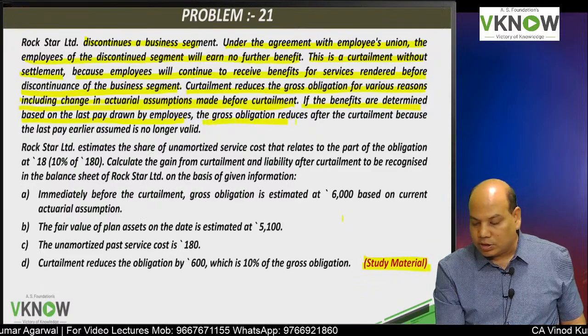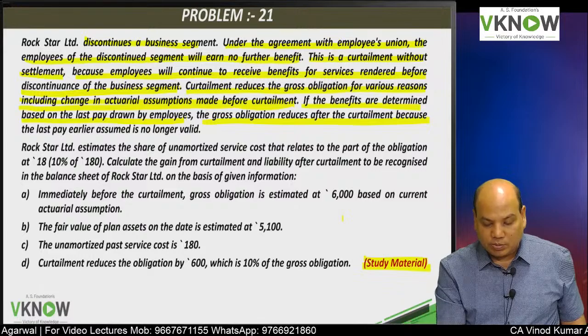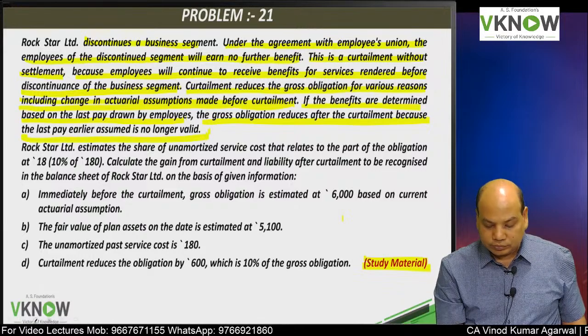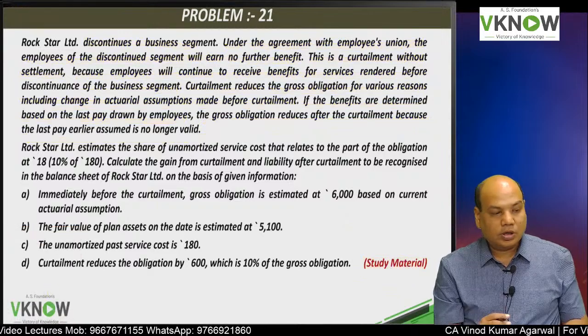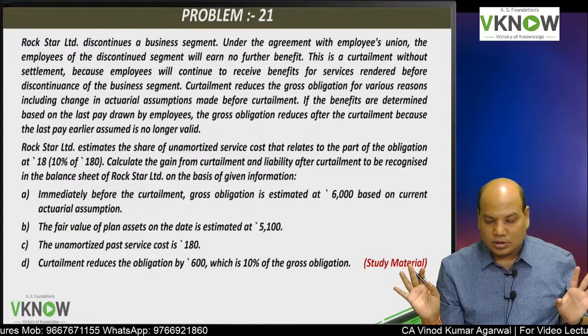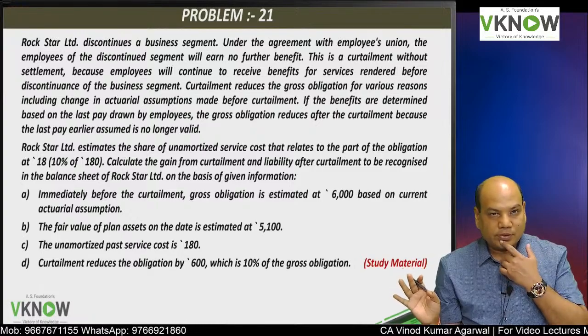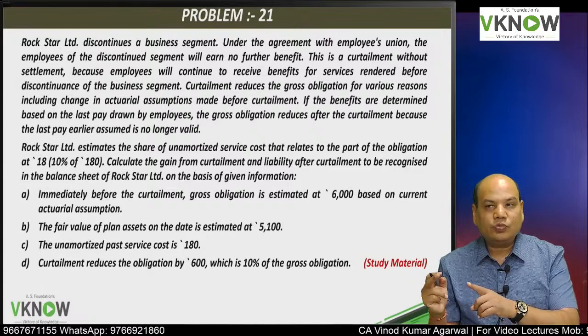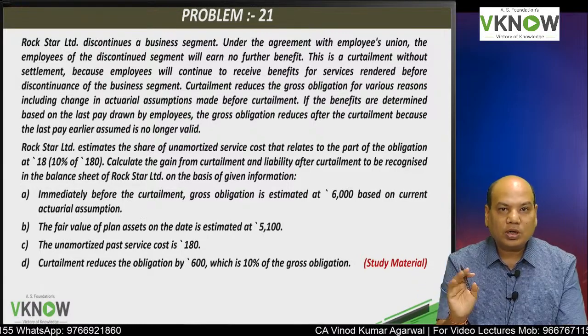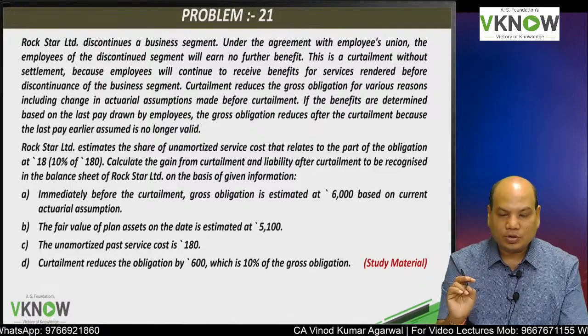The gross obligation reduces after the curtailment because the last pay earlier assumed is no longer valid. So earlier you might have thought the employee will serve 30 years of service, but now after 20 years that department is closed. So the last pay which was used for estimating your liability is no longer valid. Therefore you have to revise your liability.